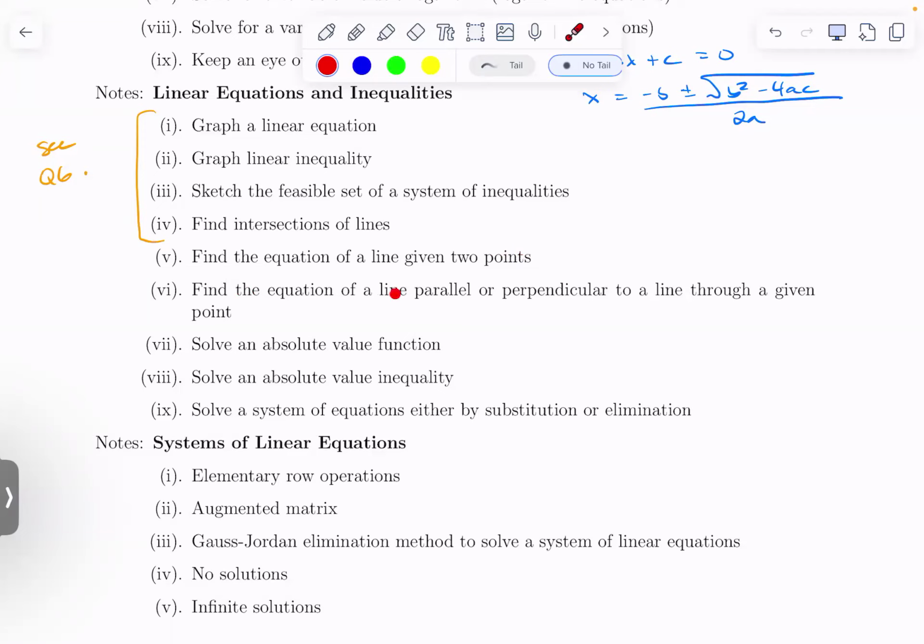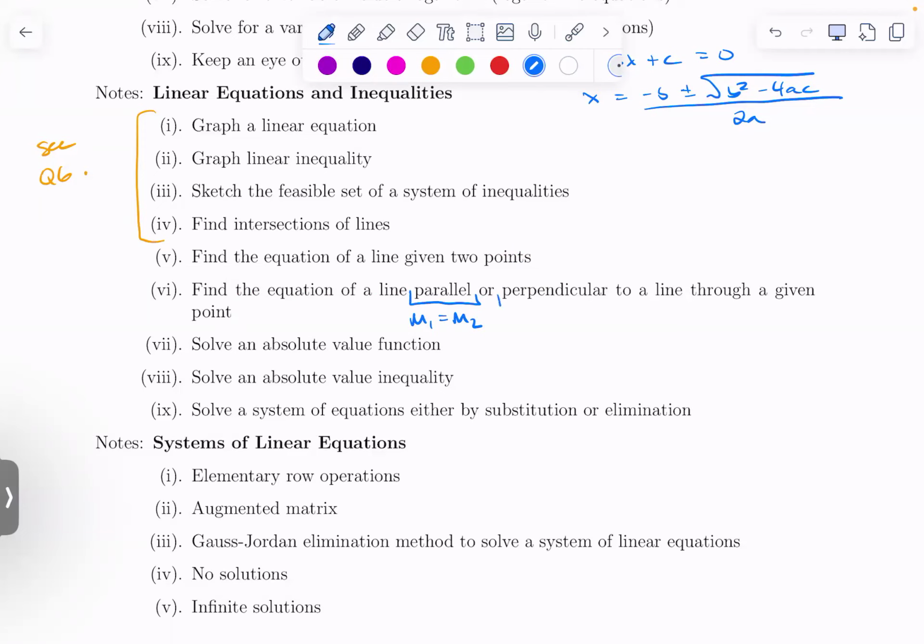Find the equation of a line parallel or perpendicular to a line through a given point, right? What does it mean to be parallel? It means that the slope of the first line is the same as the slope of the second line. That's not on your formula sheet, right?